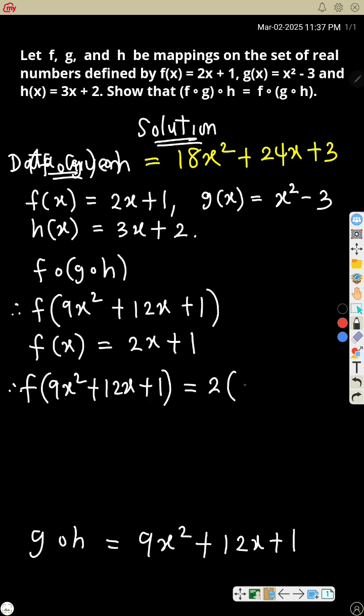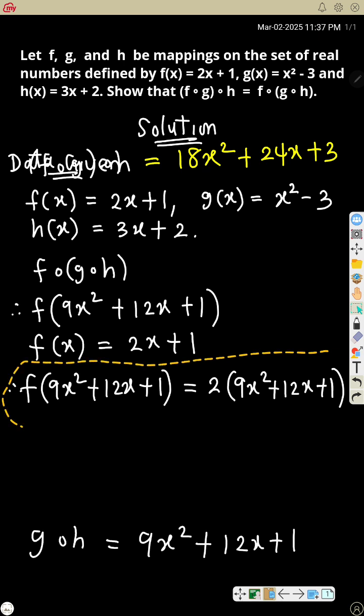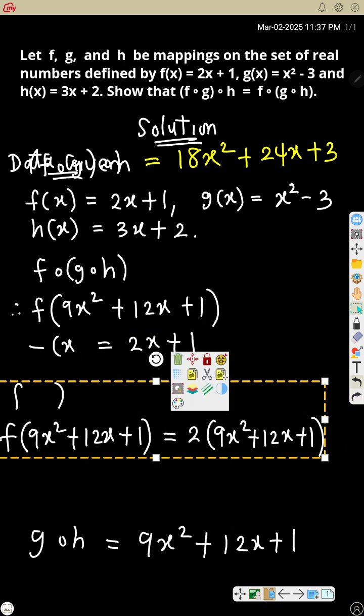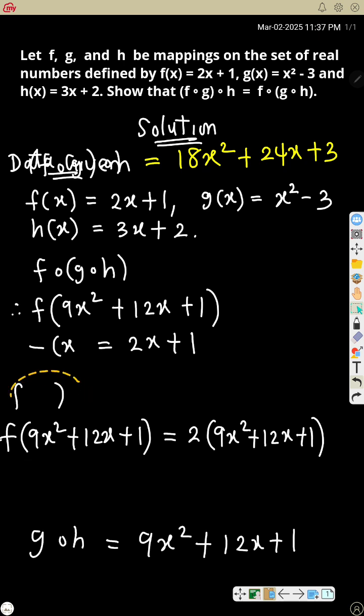So this will be 2 brackets, 9s squared plus 12s plus 1. That is 2x, that is 2 of this. So we have another plus 1.